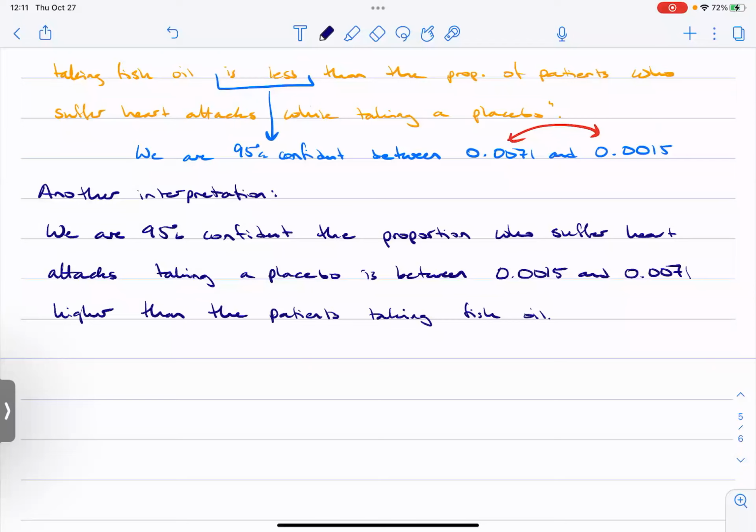I'm starting with the placebo because I want to talk in terms of the positive. That one takes a little bit more massaging, right? But if you can get there, that's great. But you're welcome to just use that first blurb that we used.